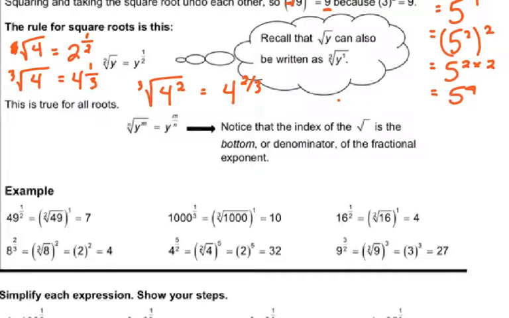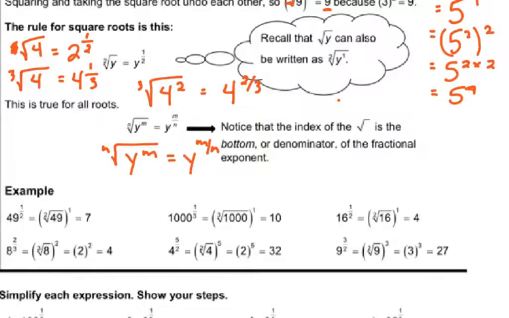You're going to have the nth root of y to the m, which is going to be the same thing as saying y to the m over n exponent. Okay, so that's just one of those rules that we know about radicals and finding rational numbers.